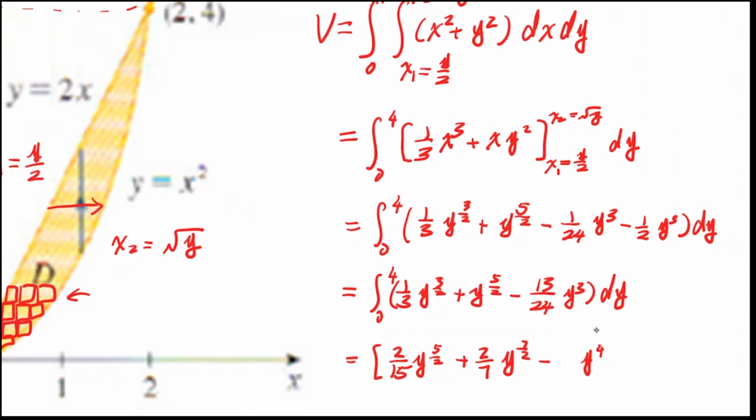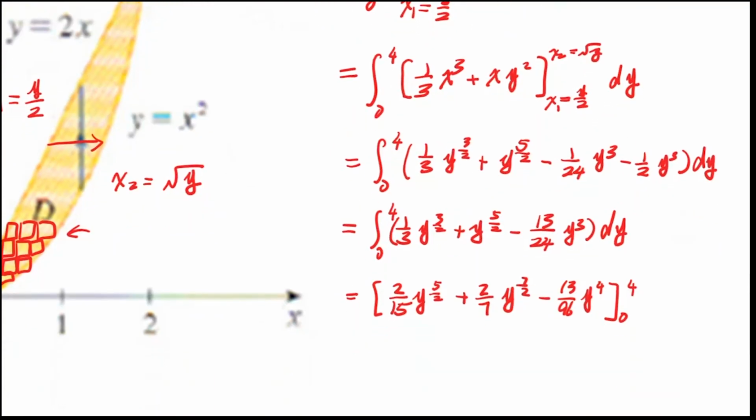What is this? Divide 13 over 96. 96. Thank you. Okay, from 0 to 4, and this part 216 over 35. How's that?